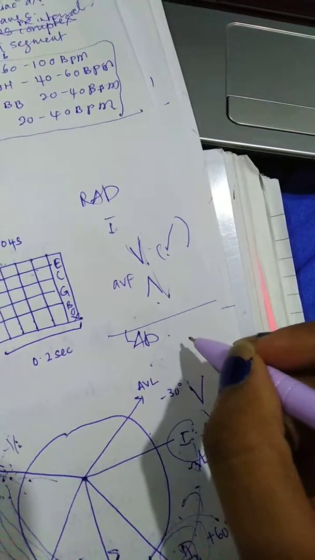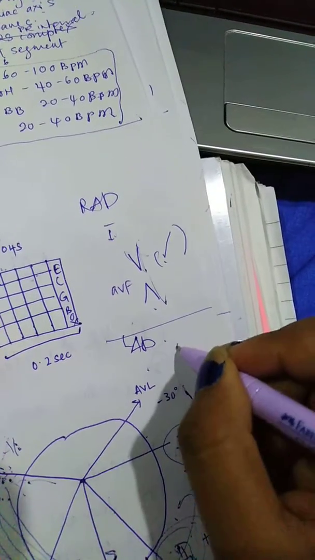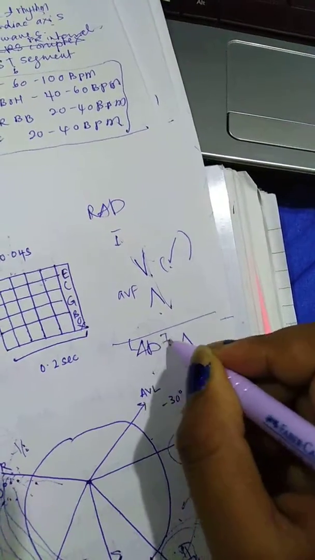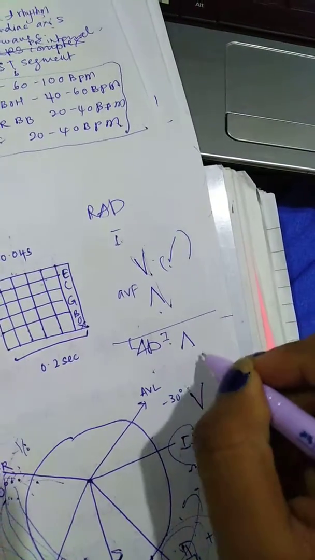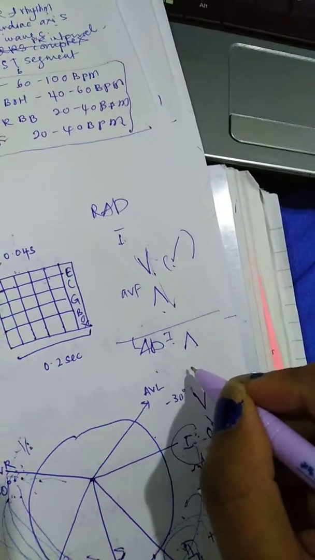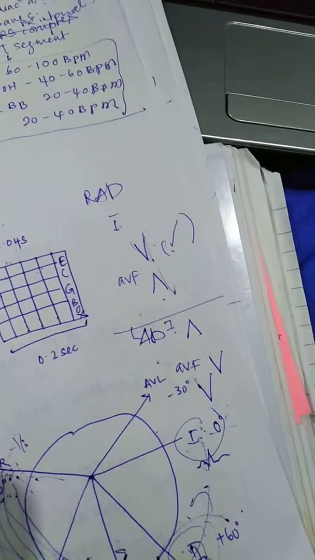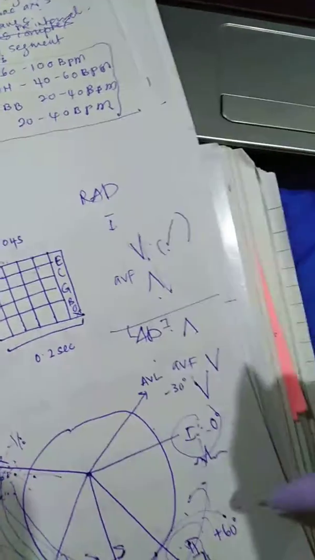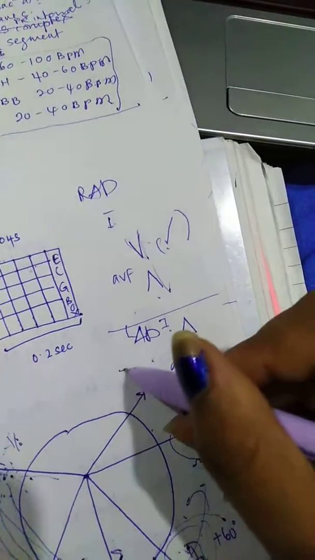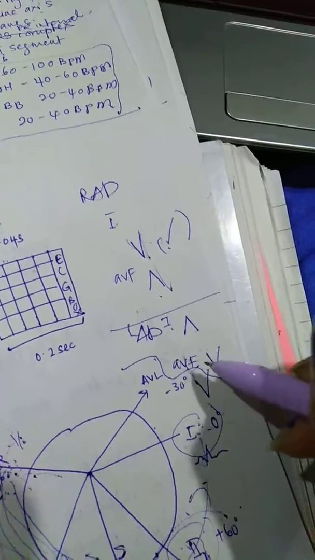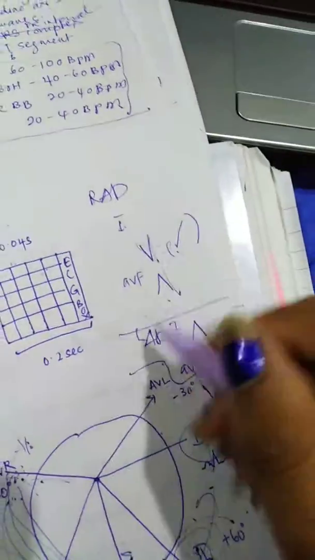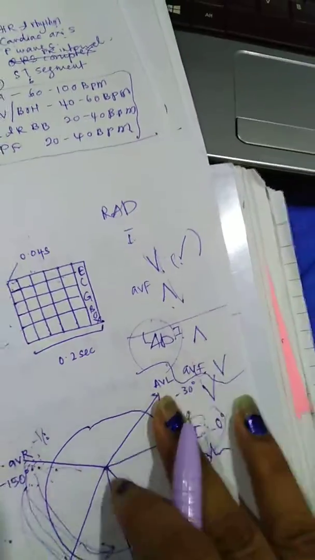As I told you, the several causes of right axis deviation are your right bundle branch block, your right ventricular hypertrophy, sometimes even dextrocardia. Dextrocardia means your heart is supposed to be on the left side, but certain people have their heart formed on the right side. Therefore, the electrical activity spreads along your heart more towards the right side.